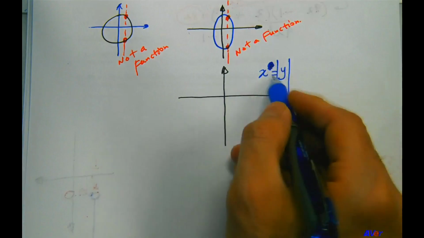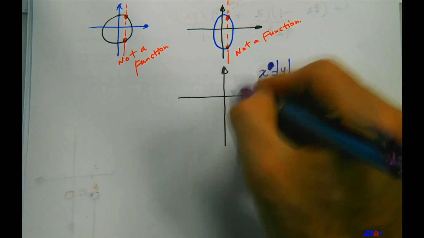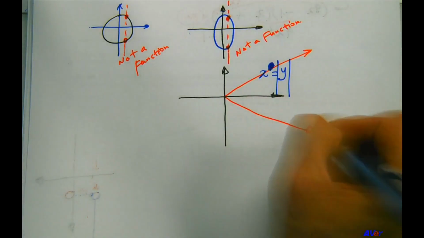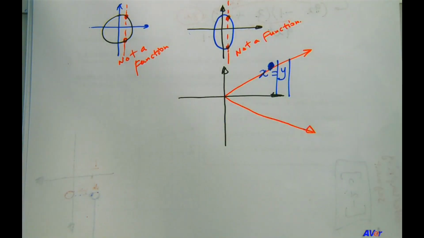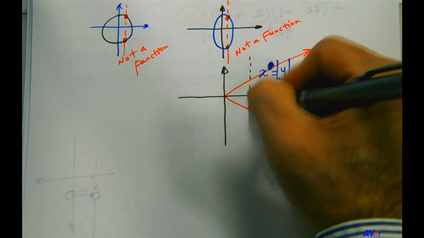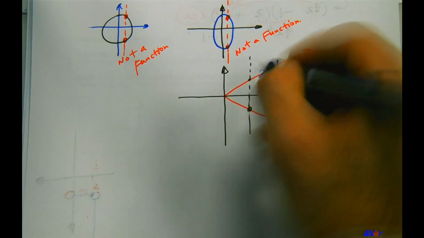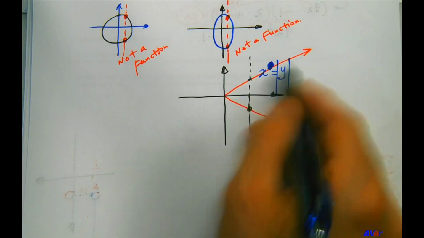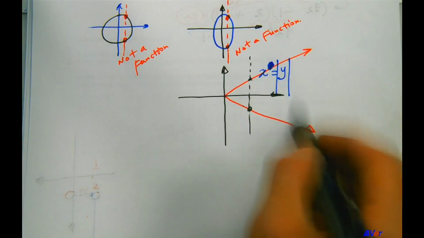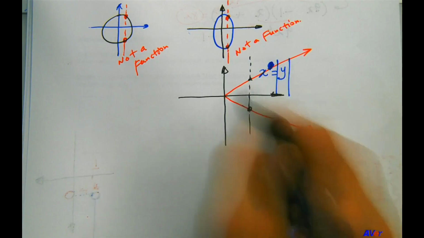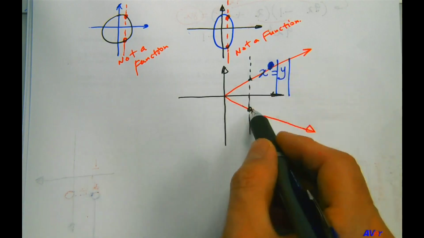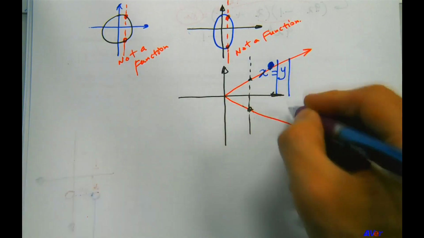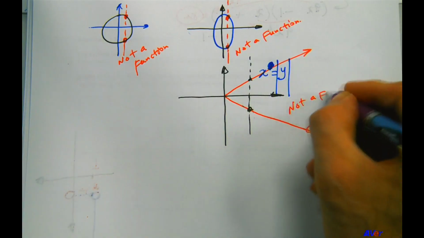If you graph this function, it'll be something like that. Okay? So once again, a vertical line intersects the graph of this x equals absolute value of y function at 2 points, which is more than 1 point. So once again, this is not a function.